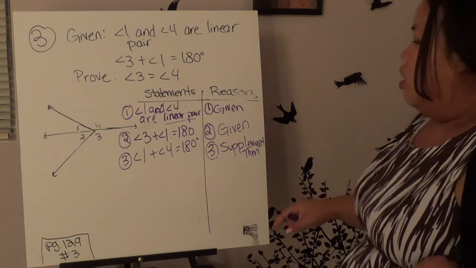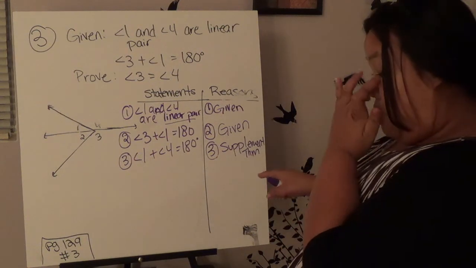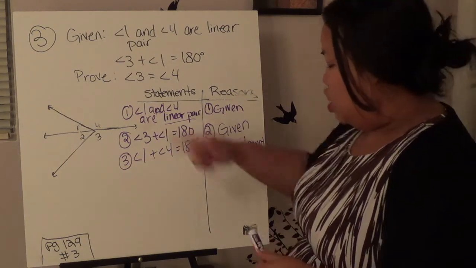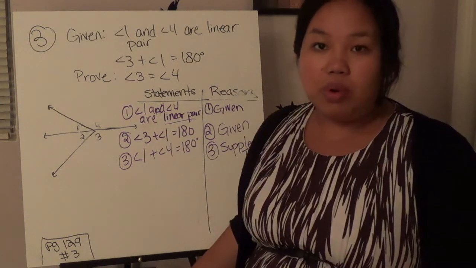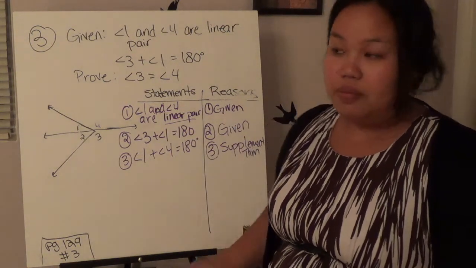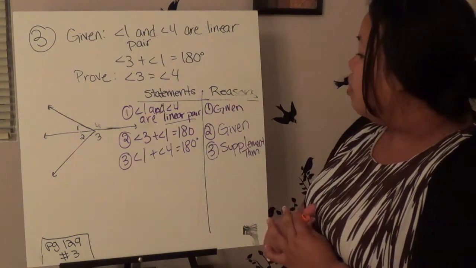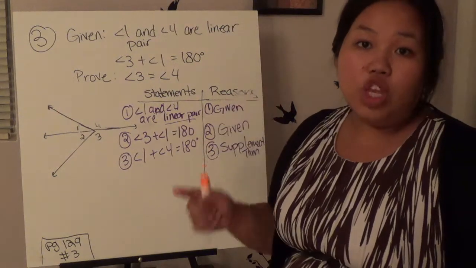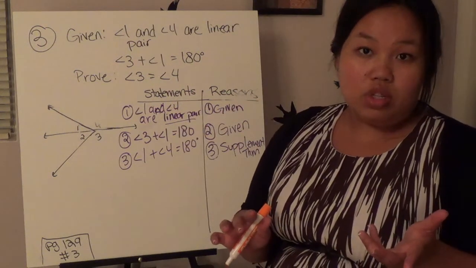Okay? So, from here, I can figure out that 2 and 3 are both equal to what number? 180. Okay, and there's a special theorem that we know that if they're equal to the same thing, we can cross out what they're equal and make them equal to each other. Do you remember that theorem?